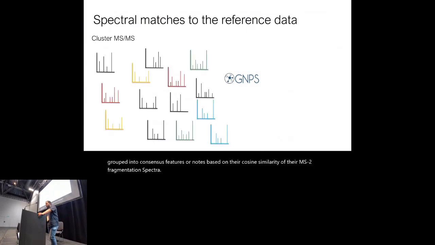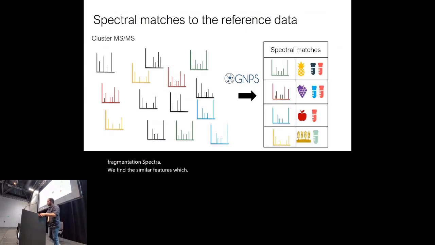So we find the similar features, and then we see which samples these matched features come from, between our samples and the reference data.